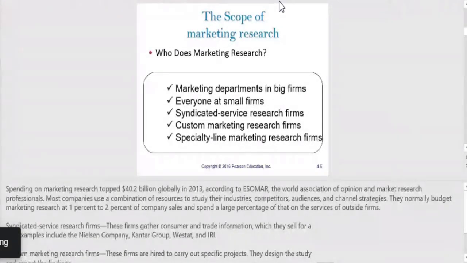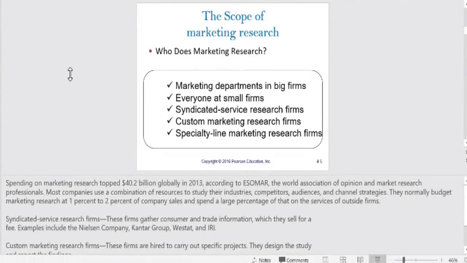Okay, so who does the marketing research is what we are trying to currently discuss. Now, effectively, marketing research is about a $40.2 billion global contribution. This was there in 2013.